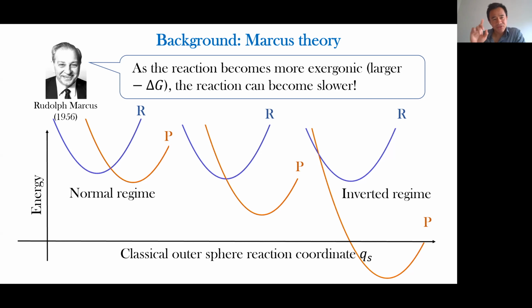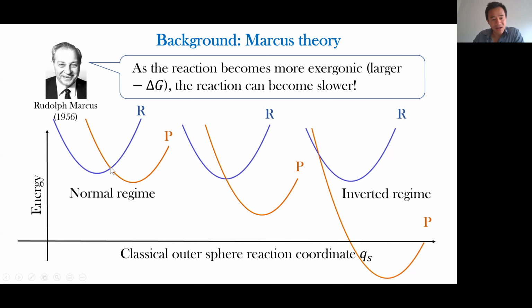Chemists used to think the lower the free energy of the product is, the faster the reaction should become. But Marcus told them that's not true because kinetics is not the same as thermodynamics, and what's important is not that the energy of P is low, but that the intersection between the reactant and the product is not very high.